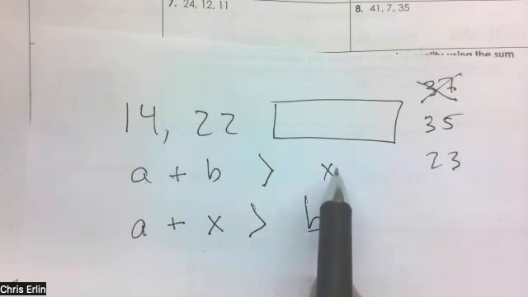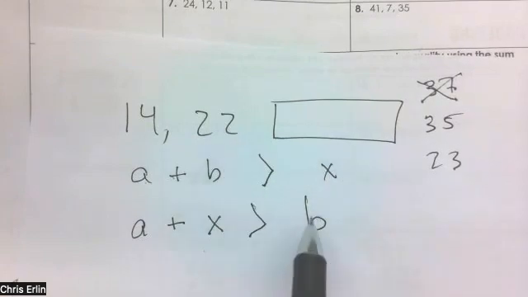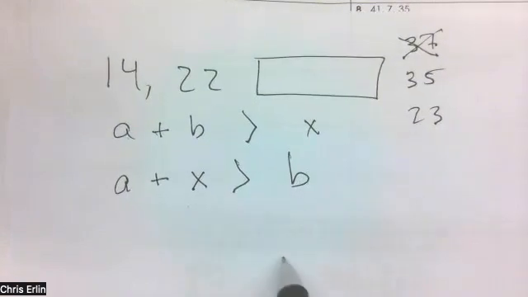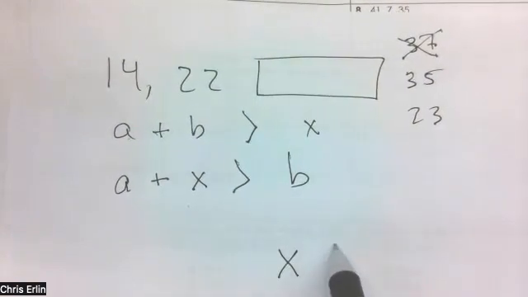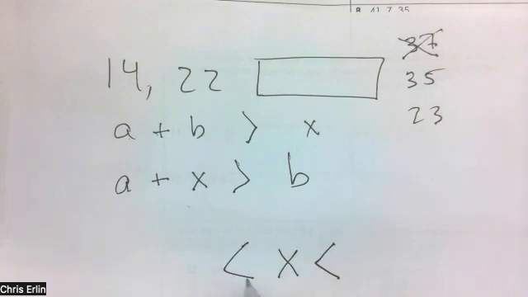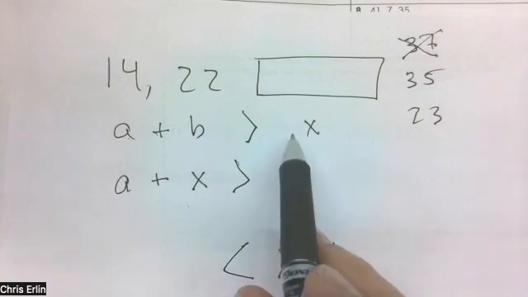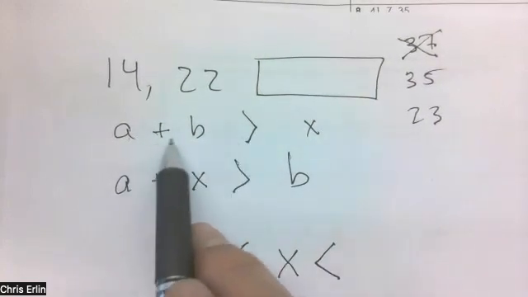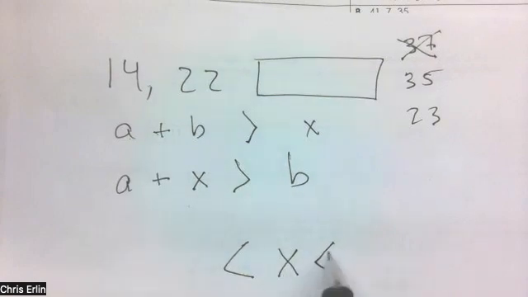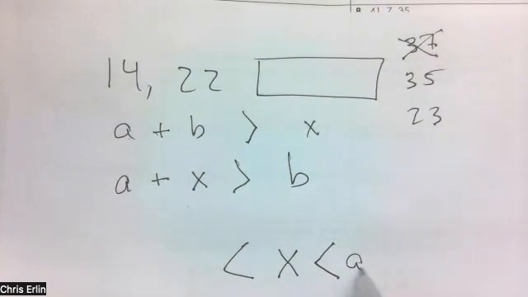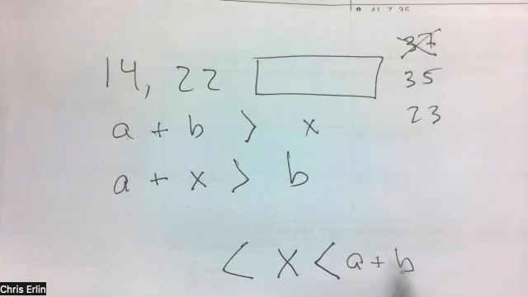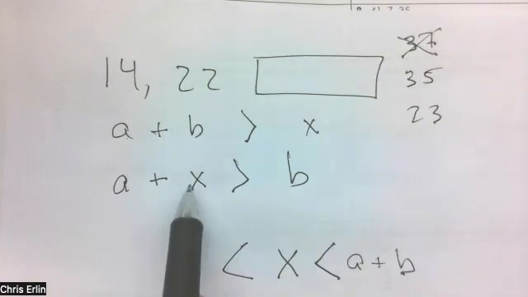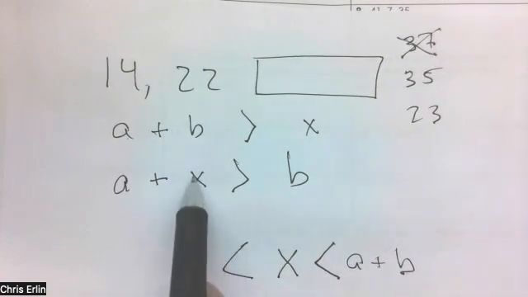We don't know whether X is the biggest one or B is the biggest one. So what I'm going to do is position a range. I'm going to say that X is going to fall between two values. This says that X has to be less than these two combined. This says X is less than A plus B. I want to now see what happens when X is greater than something.